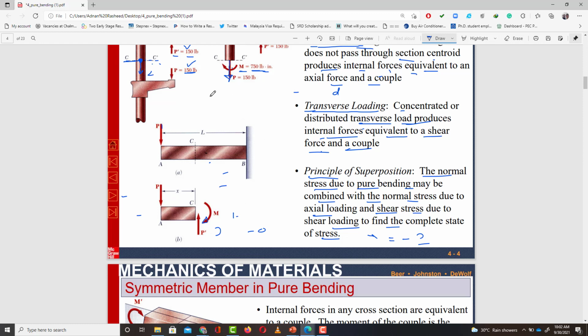Just like in our previous lectures, we drew the stress matrix: sigma xx, tau xy, tau xz; similarly tau yx, sigma yy, and tau yz; similarly tau zx, tau zy, and sigma zz.